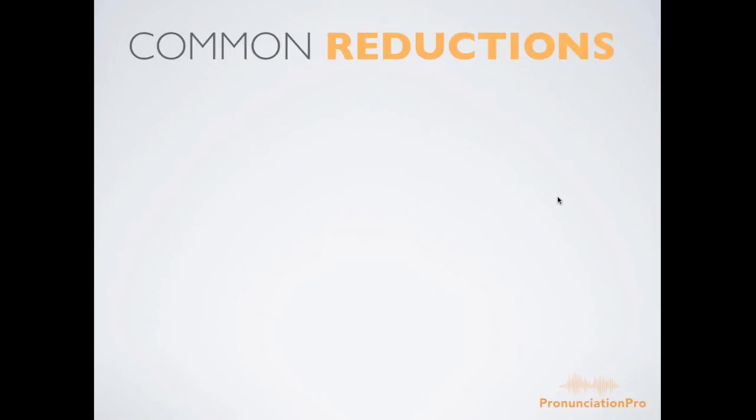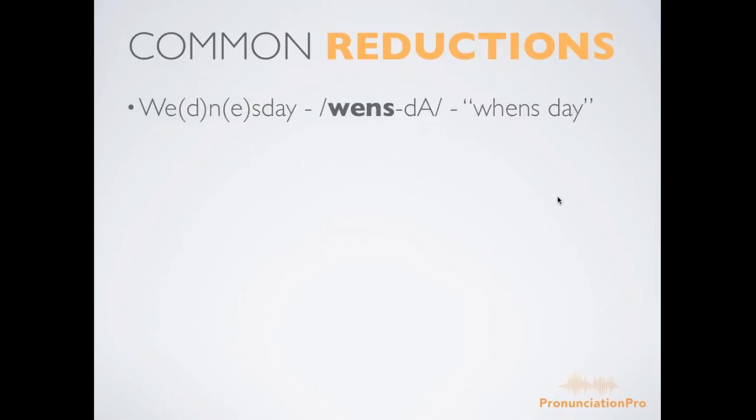All right, so talking about reduced syllables, I talked about how the sound can change or it can be left out or deleted. So that unstressed syllable can be left out in these reductions, what we call reductions. Here are some very common words in English that get this reduced pronunciation.